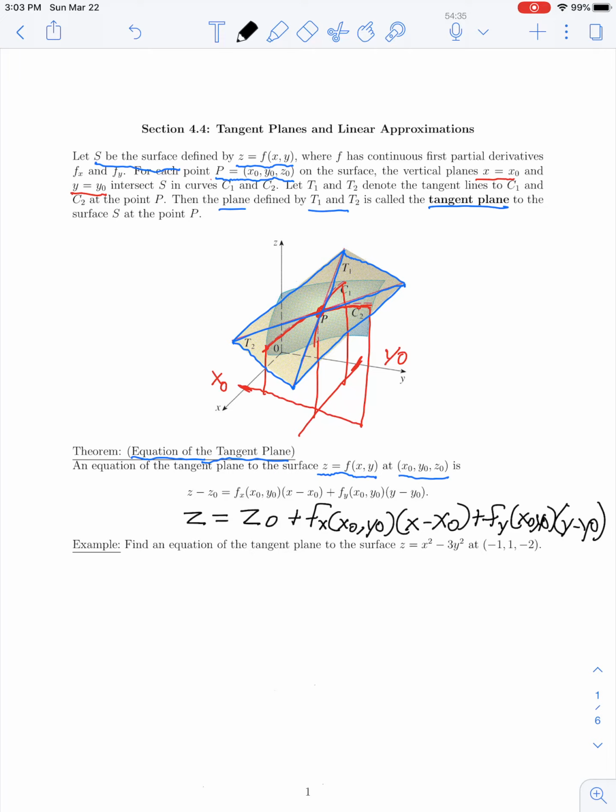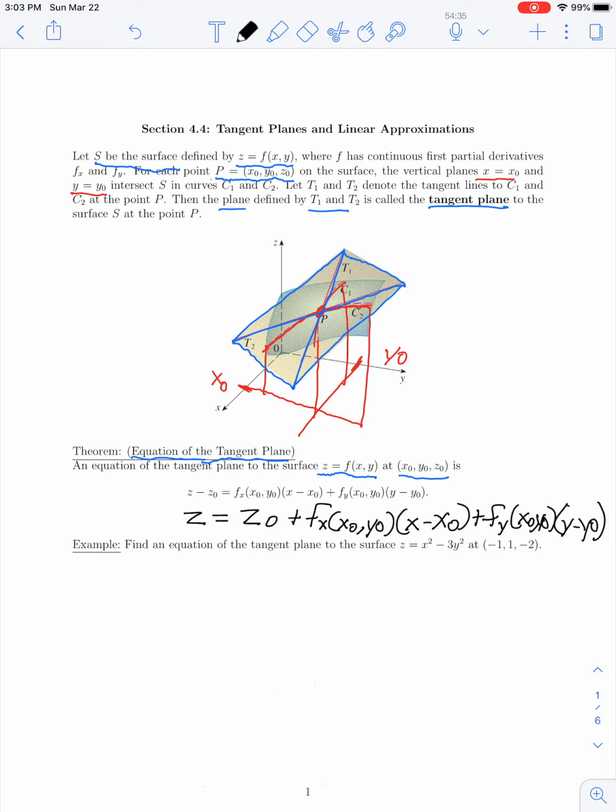And we'll see a little bit later in this section why we might be interested in solving for z in this case. So now that we have a way to find the equation of our tangent plane to a surface at a point, let's look at some examples of this.